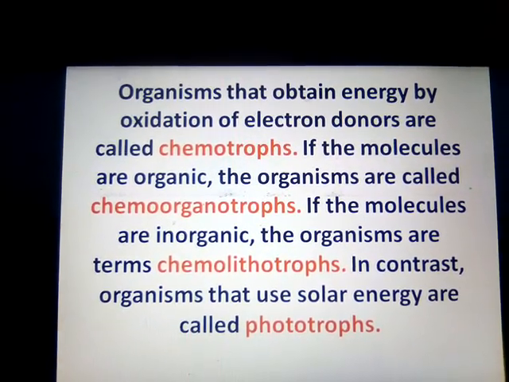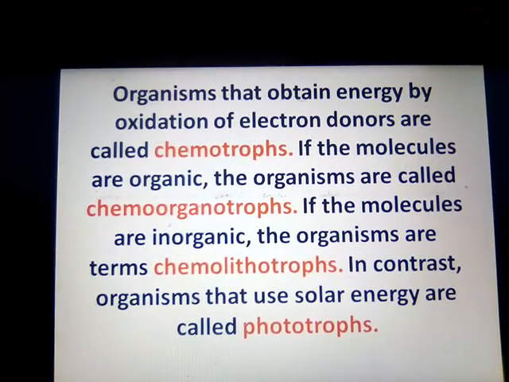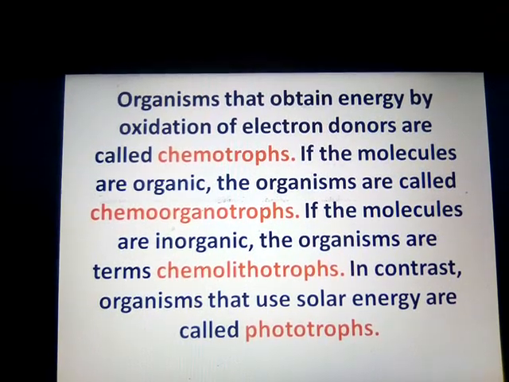Organisms that obtain energy by oxidation of electron donors are called chemotrophs.